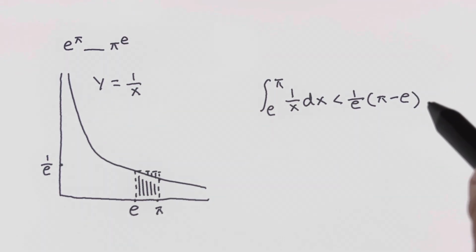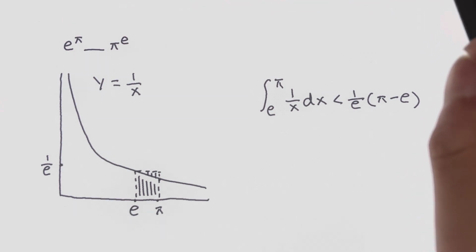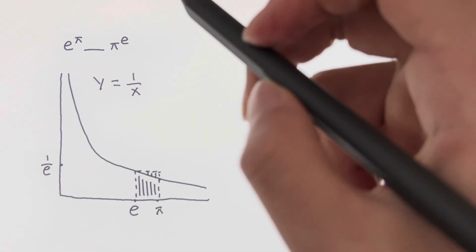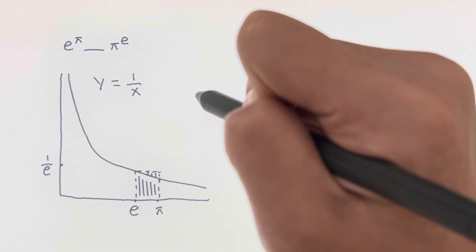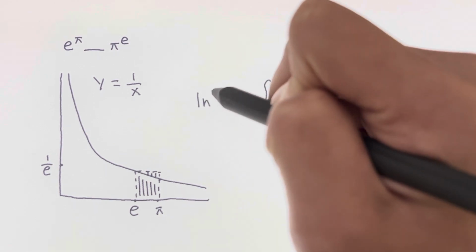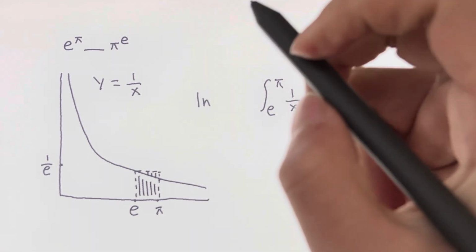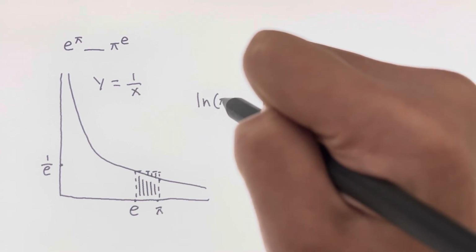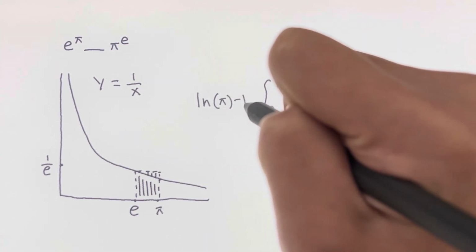And then we can apply the fundamental theorem of calculus to get that the area under the curve can also be written as the natural logarithm, ln, or log base e, of pi, which is the upper bound, minus 1.